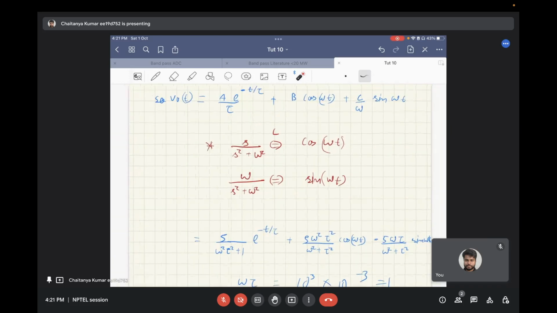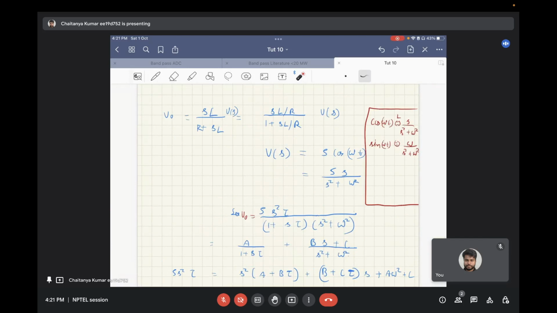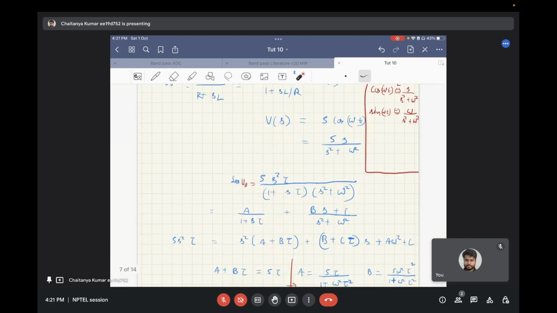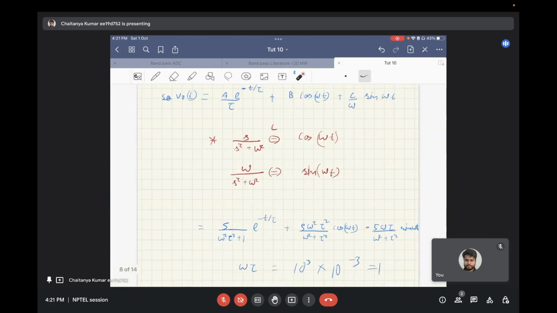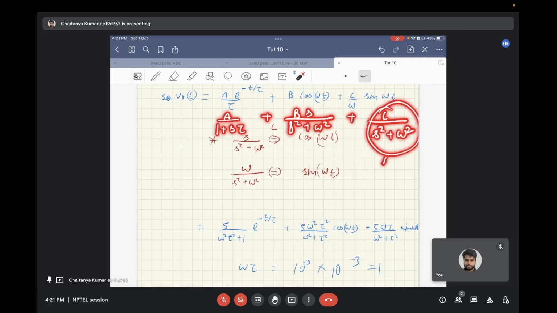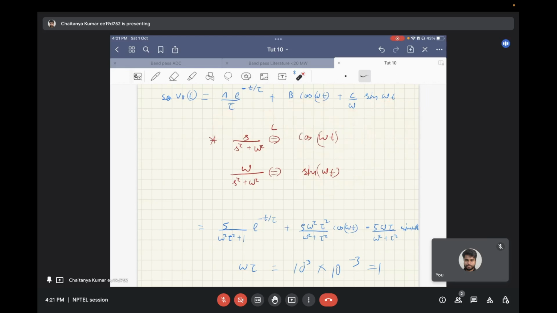So now again, the Laplace transform is written as A upon 1 plus s tau plus Bs upon s square plus omega square plus C upon s square plus omega square. C upon s square plus omega square will correspond to sine, and Bs upon s square plus omega square will correspond to cos.